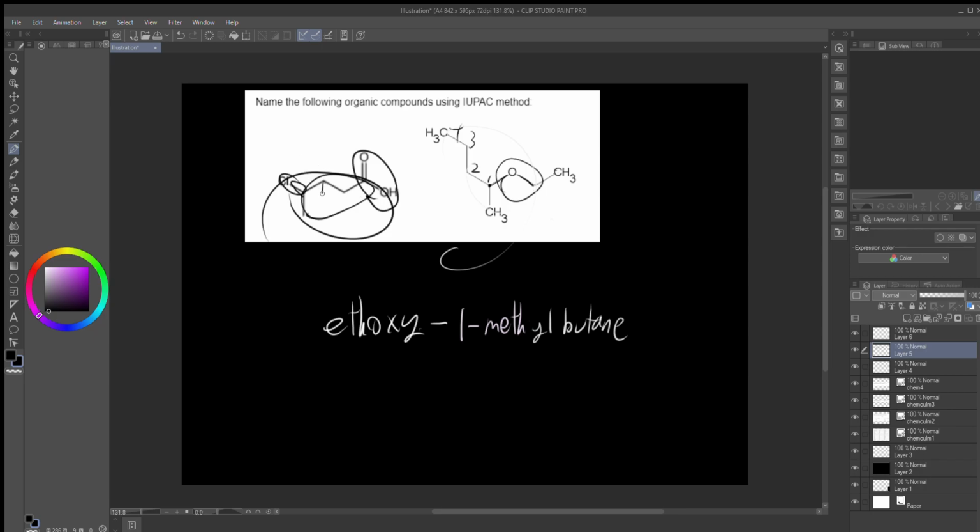If, let's say, there was another methyl here, we would use the alphabet, and so we would say 4-chloro-3-methylpentanoic acid. So that's how you would name that.